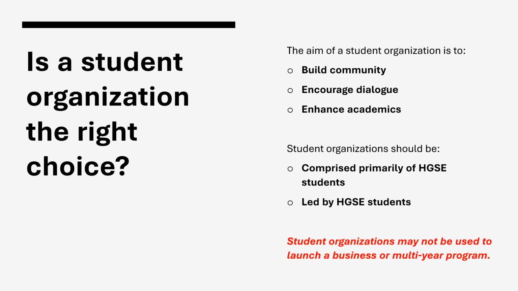Student organizations may not be used as a means to launch a business or a multi-year program. Once a student graduates and becomes an alum, they are no longer eligible to lead the student organization. It is also important to remember that student organizations are active from the start of the academic year until May.